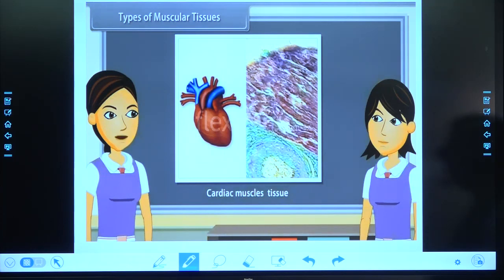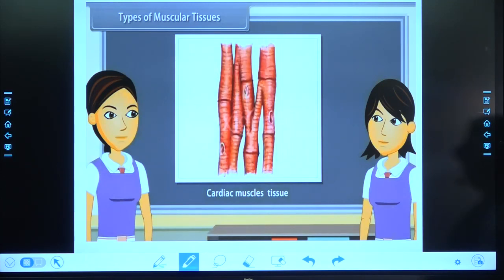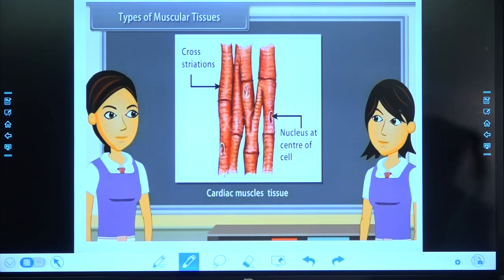They are both striated and smooth muscles. Cardiac muscles are composed of branched fibers. The branches join to form a network. Each fiber is surrounded by sarcolemma and has sarcoplasm with longitudinal myofibrils and a central nucleus. The intercellular spaces are filled with abundant loose connective tissue supplied with blood capillaries.